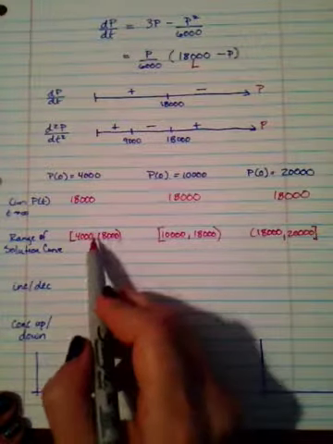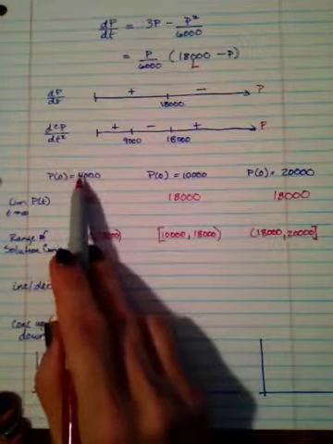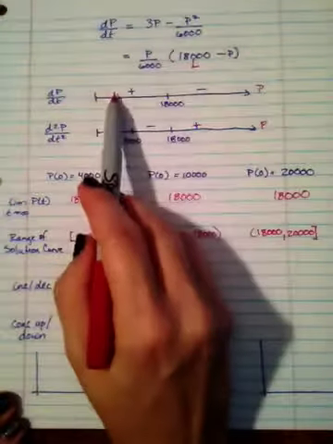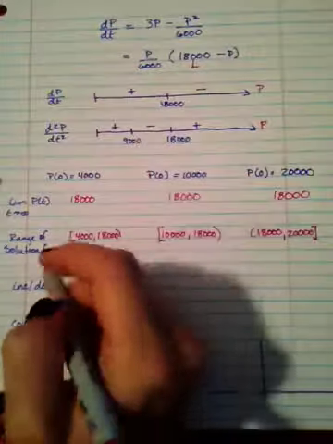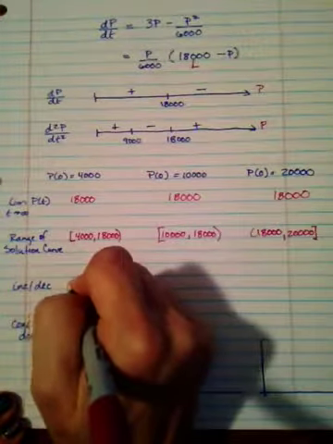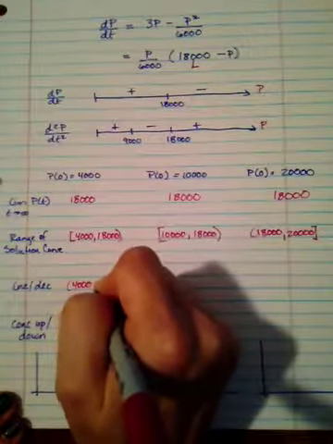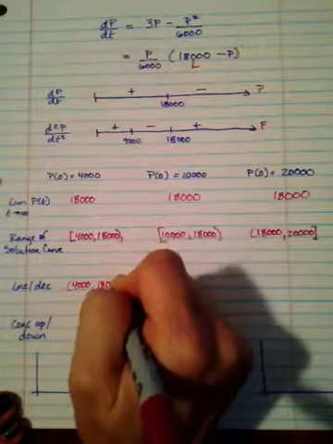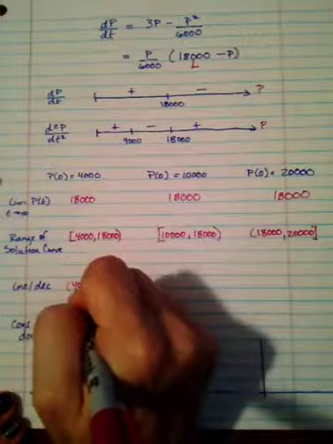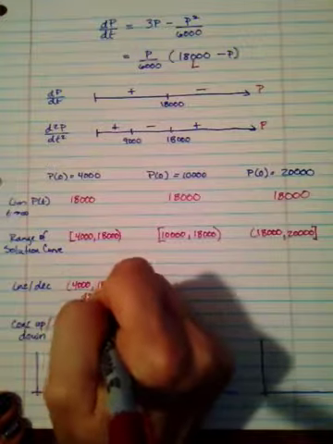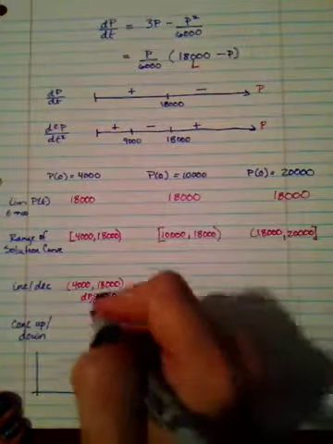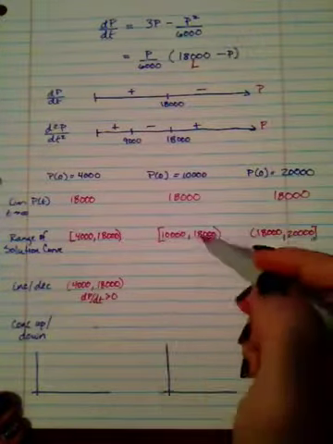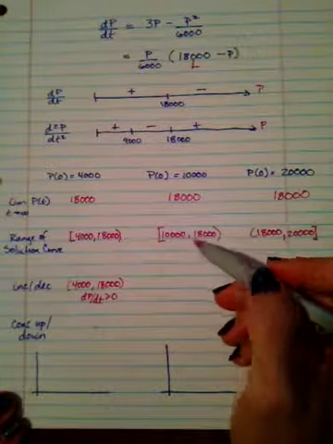Now, when is it increasing and decreasing? If I start at a population of 4,000, since I'm only going up to 18,000, it will be increasing the whole time. So I will say from 4,000 to 18,000. And if I have to justify that, I'd say it's because dP/dt is greater than 0, and it does not decrease. The same holds true if I start at 10,000.